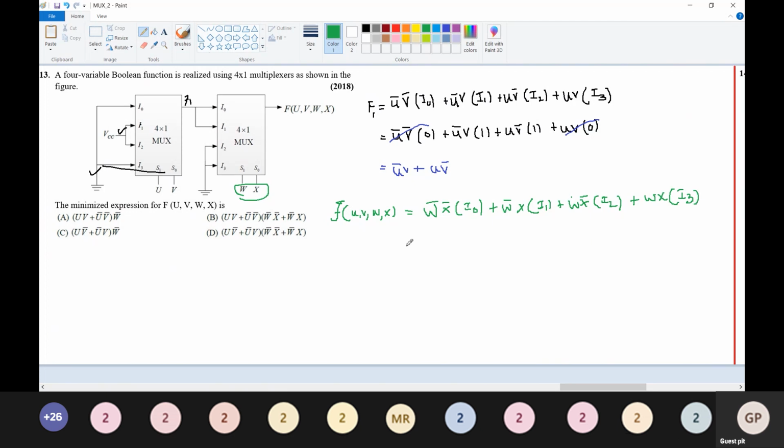Now we will insert the input values here. W dash X dash, the I0 value here is F1, plus W dash X into, what is the I1 value? That is also equal to F1.